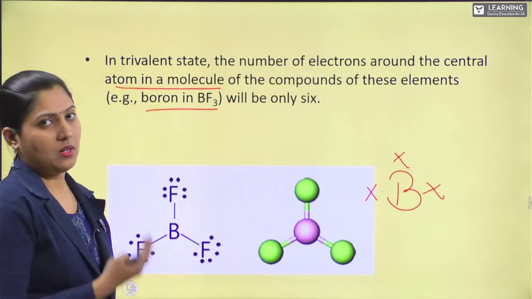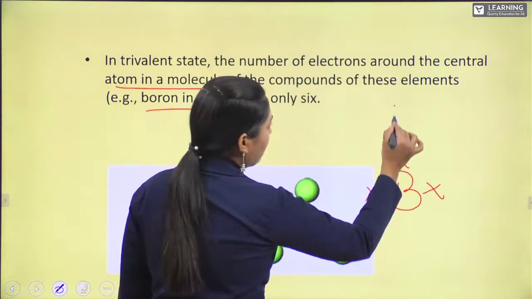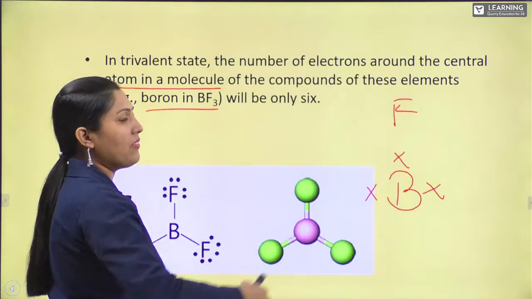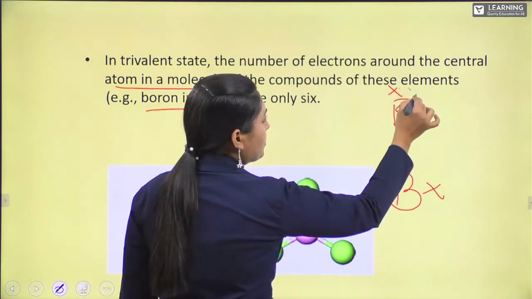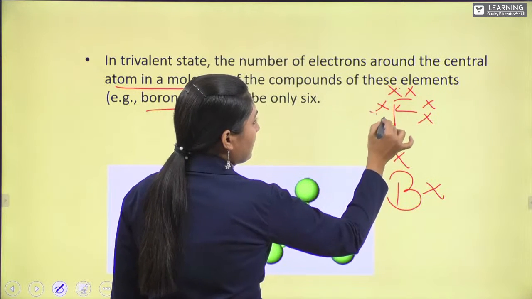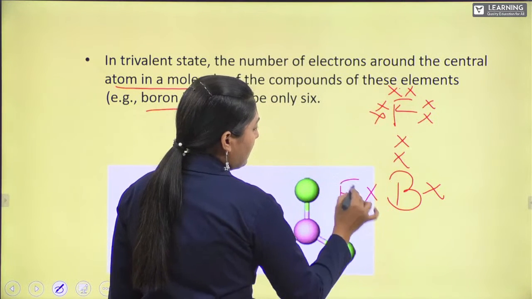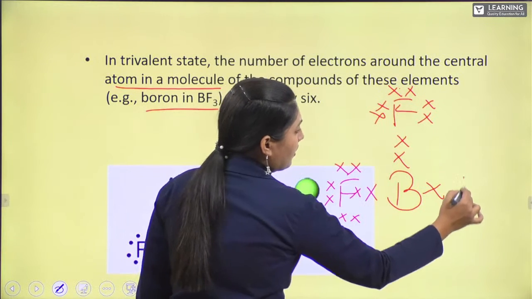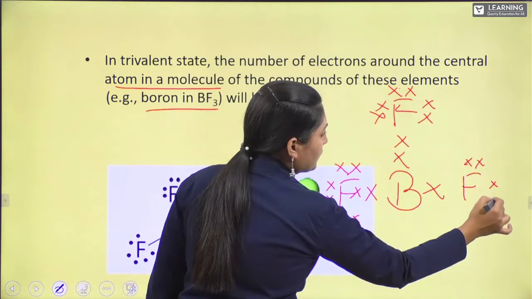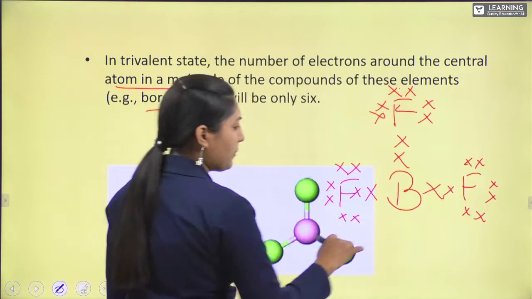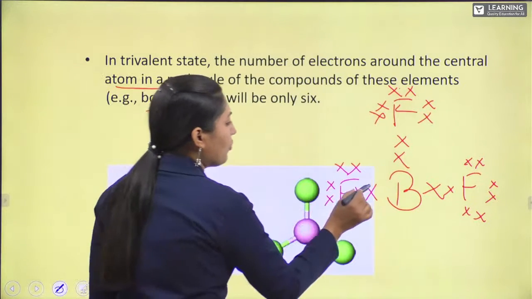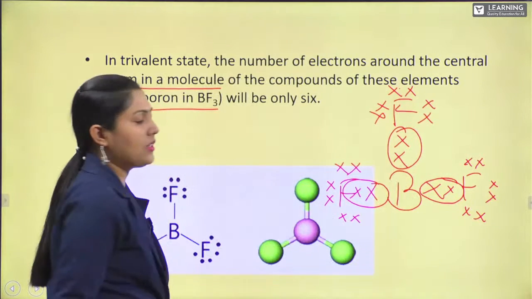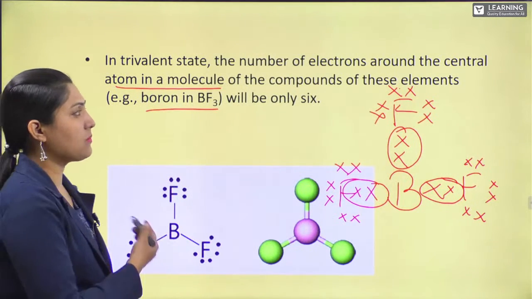It forms covalent bonding. Fluorine, which comes under group 17, will have 7 electrons in the outermost shell. So 2, 4, 6 and 1, similarly 2, 4, 6 and 1, and 2, 4, 6 and 1. So each fluorine will share its one electron. Right. So we have BF3 being formed.